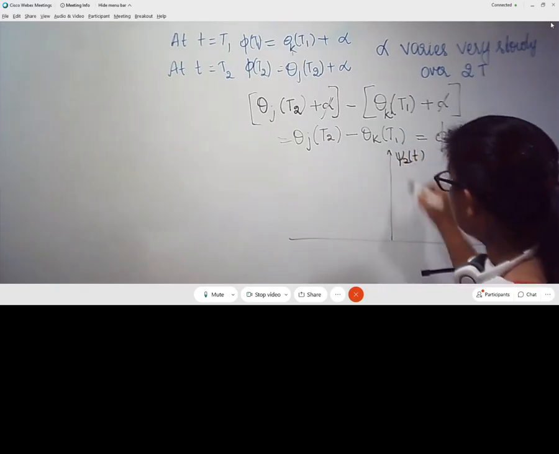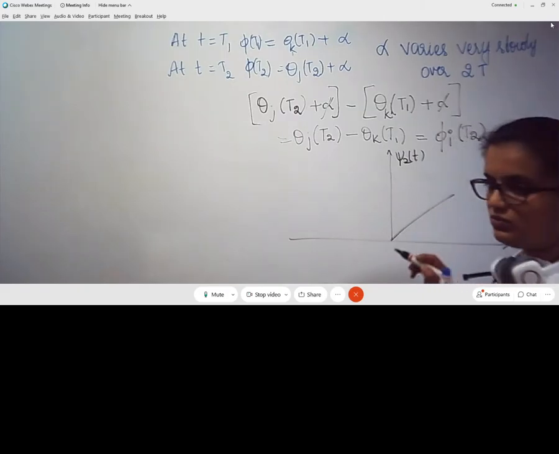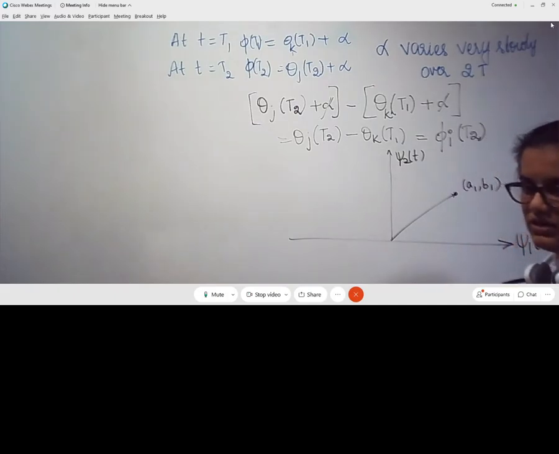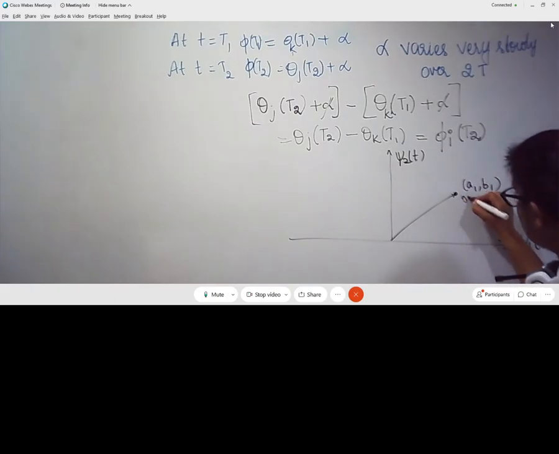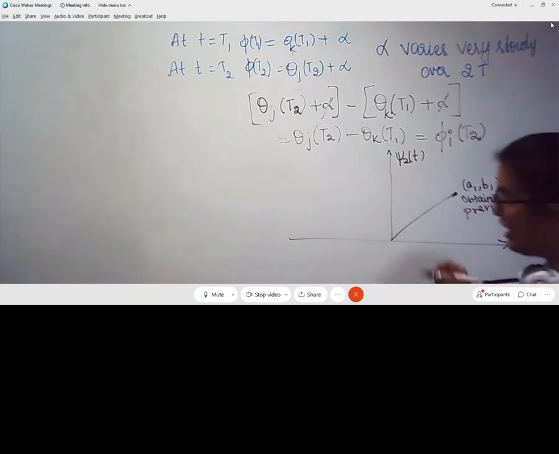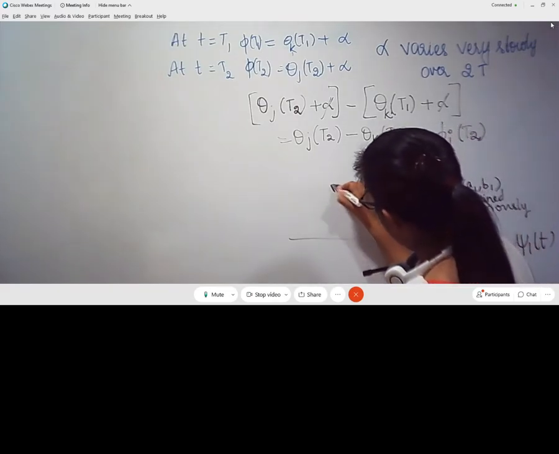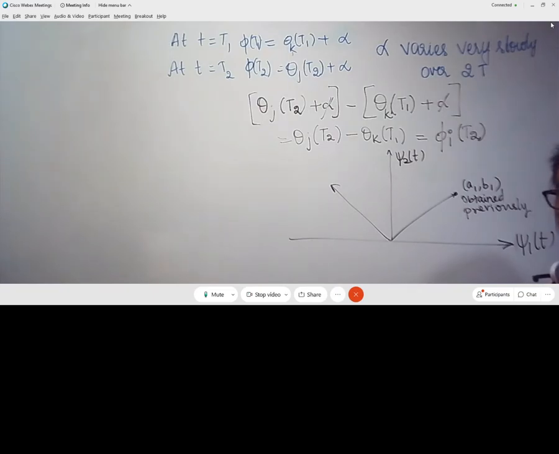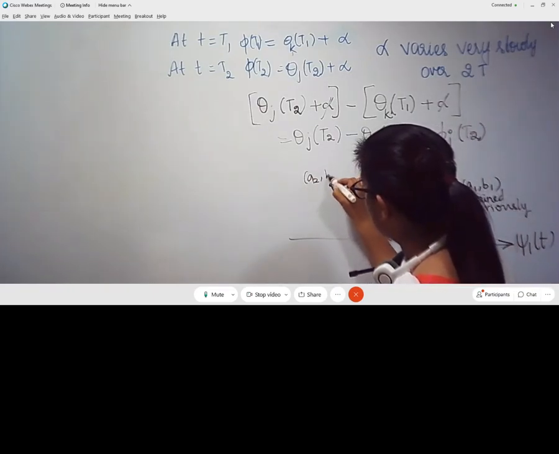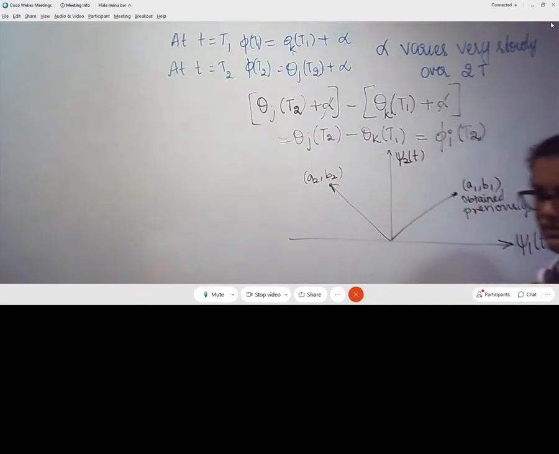First, I obtain the first symbol with a point a1 comma b1, which was obtained previously. Now, in the second time instance, I obtain another received vector, with the points a2 comma b2, with the same basis functions.